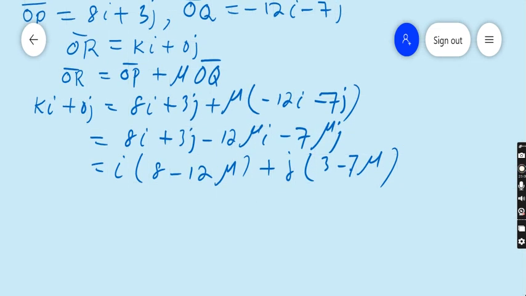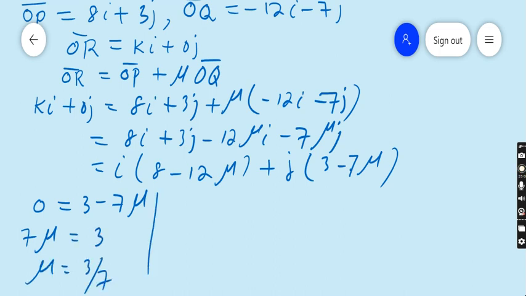Now first comparing the coefficient of j on both sides. On left hand side the coefficient of j is 0 and on right hand side the coefficient of j is 3 minus 7 mu. So 7 mu is equals to 3, mu is equals to 3 upon 7.